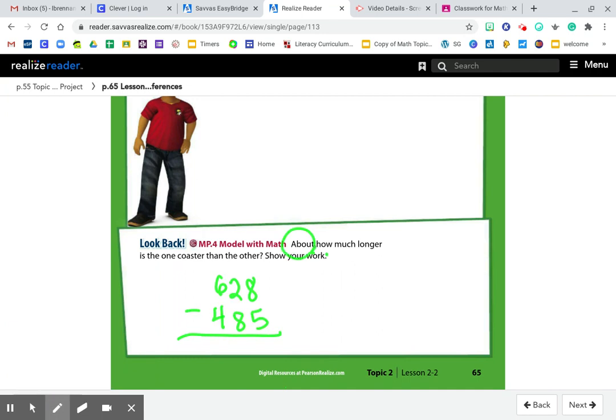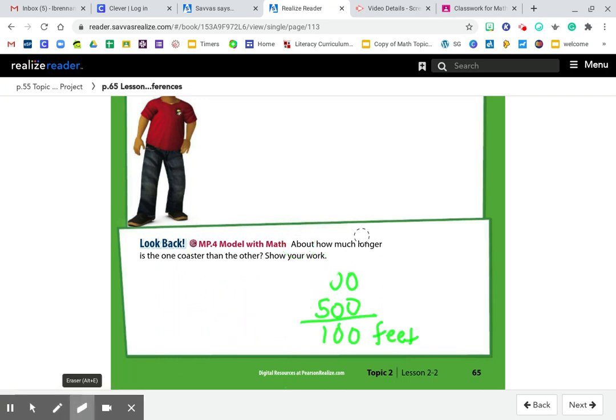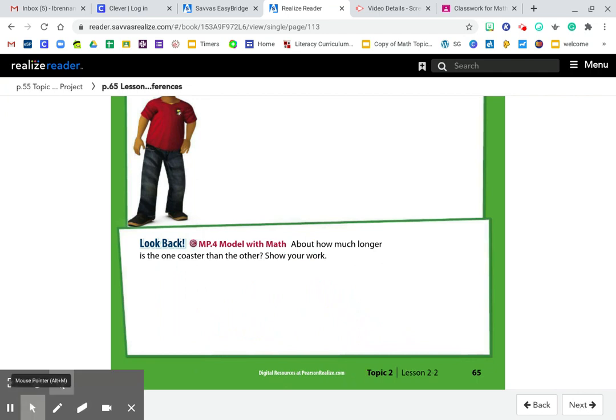If we stay with our whole numbers to the largest place value and we're subtracting, we can say there's about 100 feet difference. And that's perfect. It's a good quick answer. And by the way, our estimate there, is it an overestimate or an underestimate? We'll be talking about that too, if you remember that from last year.